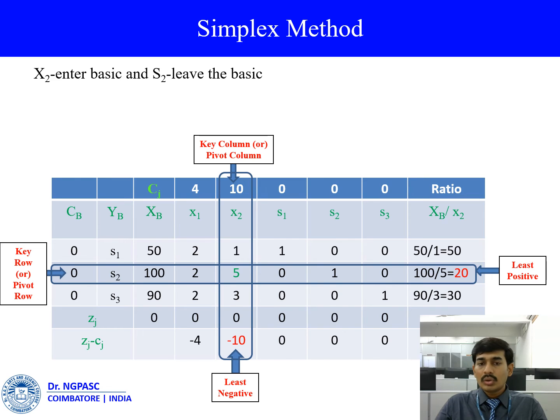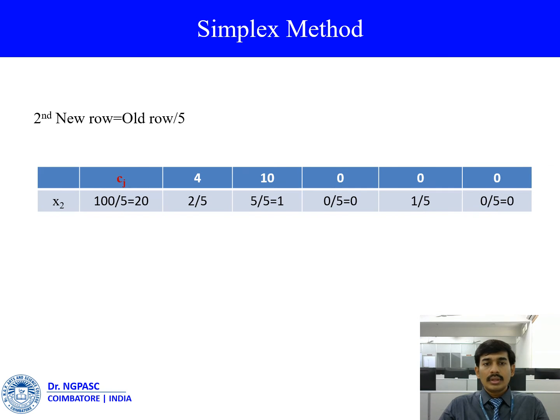In the next table, this key element becomes 1. The key row is divided by 5, so the 5 is replaced by 1. That is the simplex algorithm. In this table, x2 is the key row, and key row divided by 5 gives the second new row.